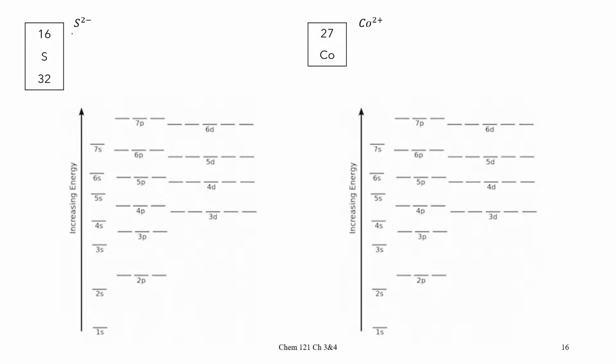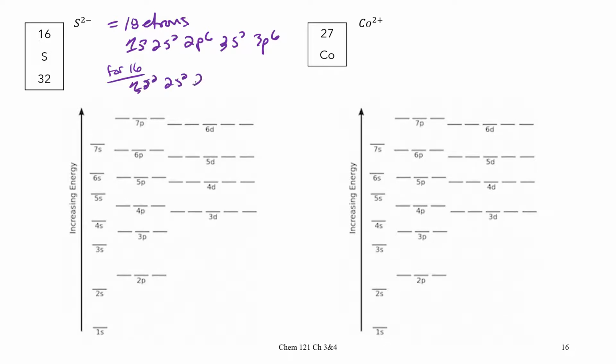and yet we're going to be gaining 2 electrons, and so we want the electron configuration for 18 electrons. For 18, we know the electron configuration is 1s2, 2s2, 2p6, 3s2, and 3p6. And for 16, we would have 1s2, 2s2, 2p6, 3s2, and 3p4.